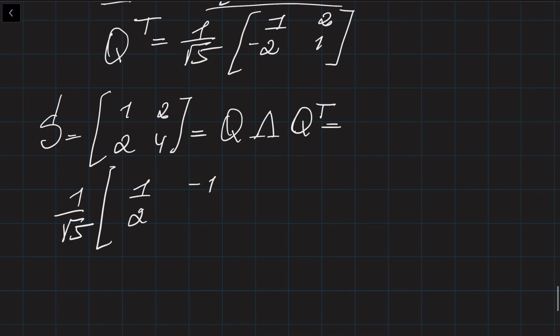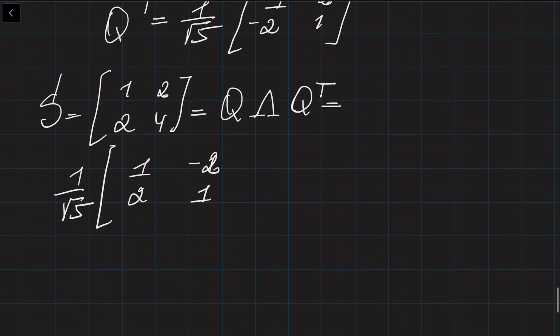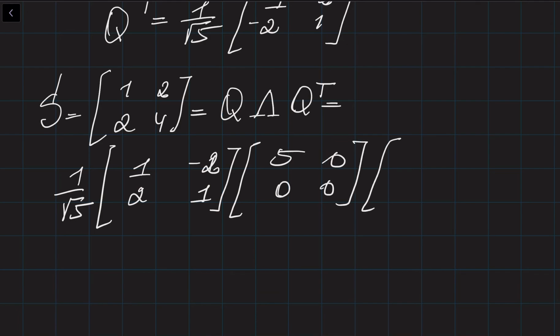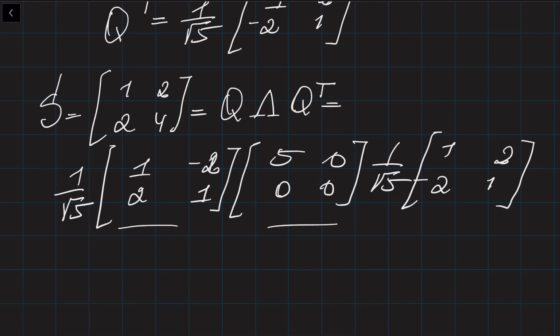Multiply by lambda with the entries 5, 0, 0, 0. Multiply by the transpose of this Q, which is 1 divided by the square root of 5 times 1, minus 2, 2, and 1. Essentially, if you multiply the three matrices, we are going to get the original matrix.